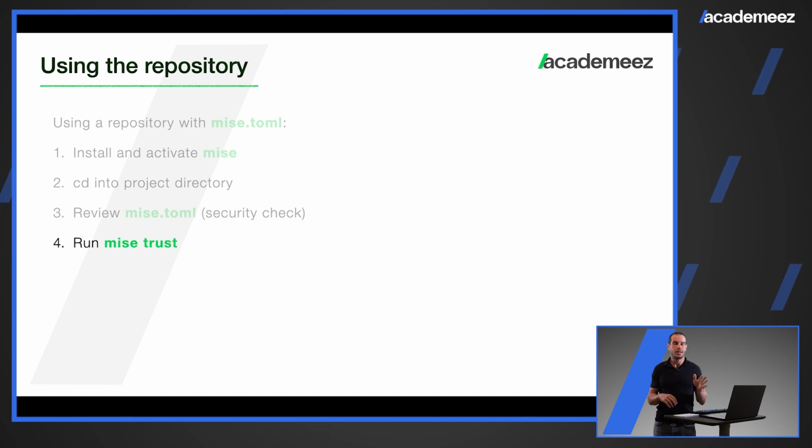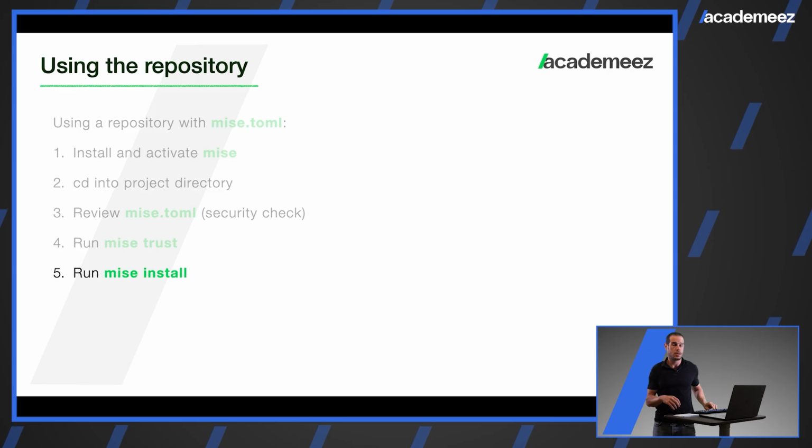So after you examine the mise.toml, you can run mise trust, and then you can run mise install. These are the steps that you need to take in order to use the configuration that we are using in this course repository.